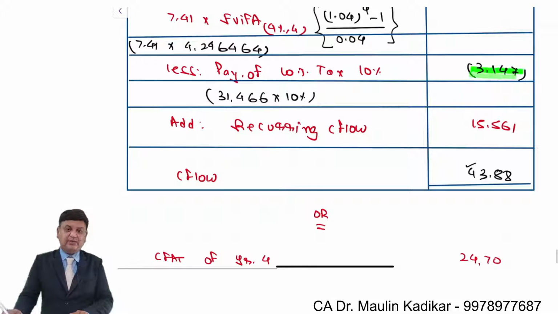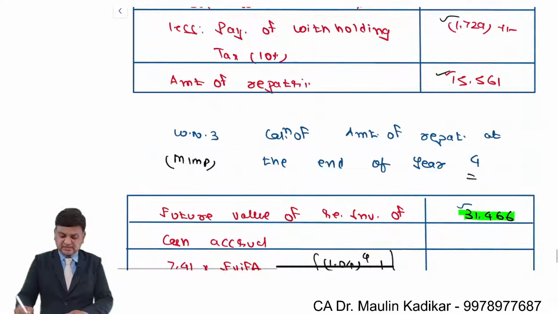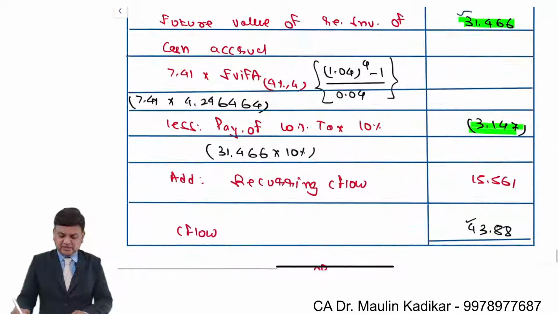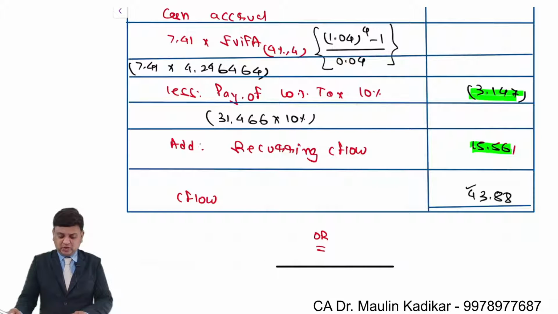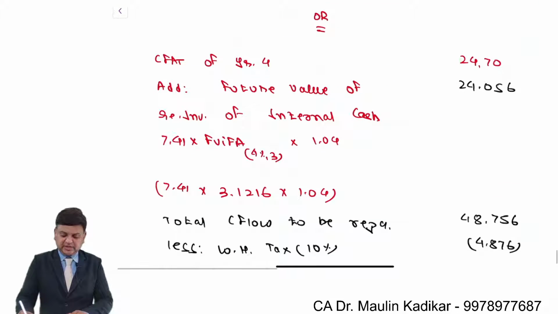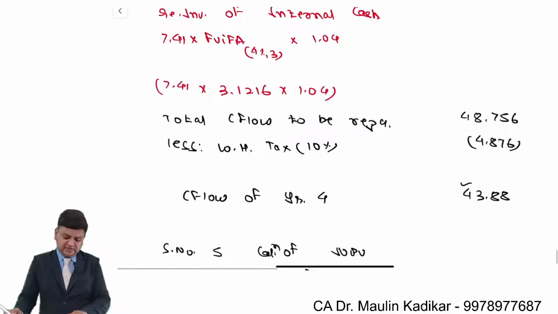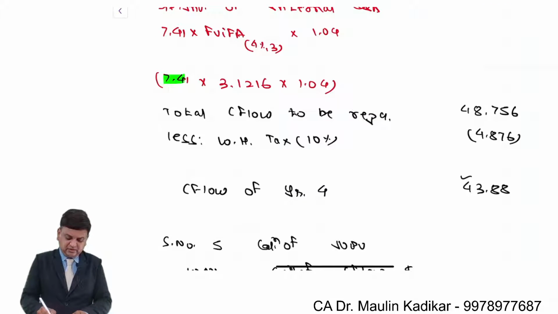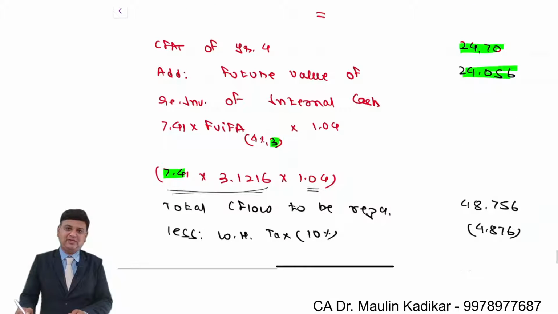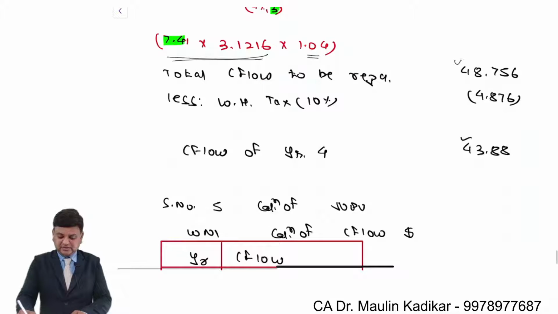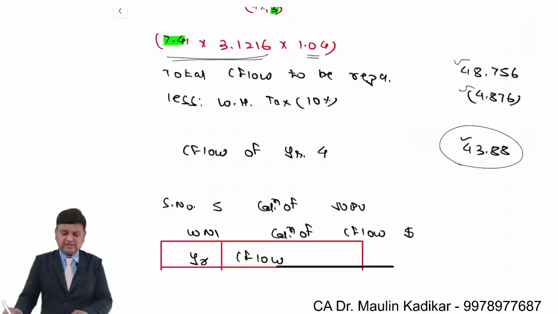Or otherwise, you can take the fourth year cash flow and add the future value of the internal cash accrual that you have invested, 7.41 for 3 years, compounded at the end of the third year into 1.04 to the fourth year end. From this amount you pay withholding tax, and this is the cash flow for the fourth year.